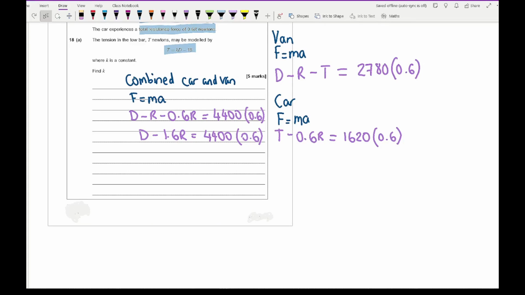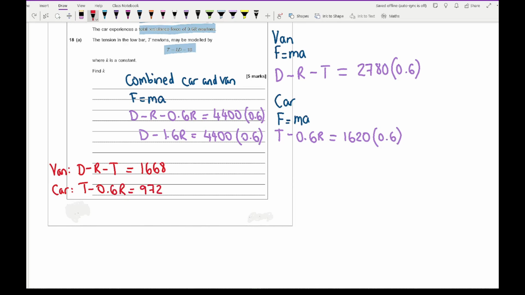If we take the van and rewrite that, so we get D minus R minus T, and do the calculation 2,780 times 0.6, we're going to get 1,668. So that's the van. If we do the car in the same way, T minus 0.6R equals 972.